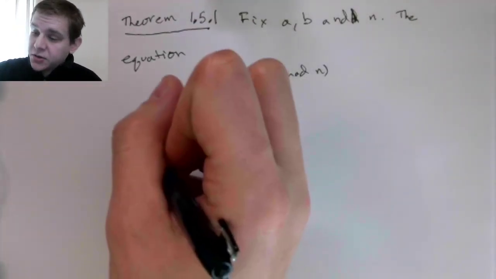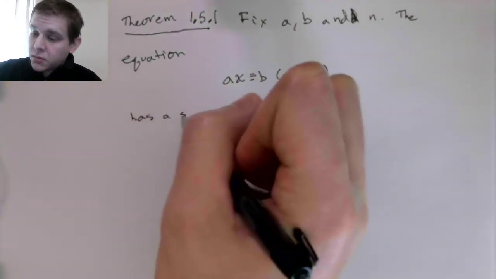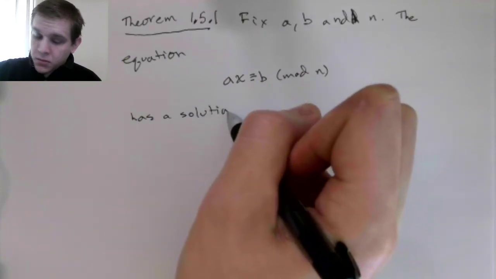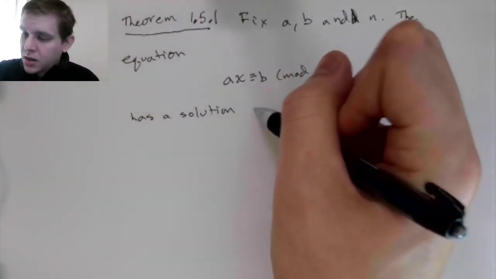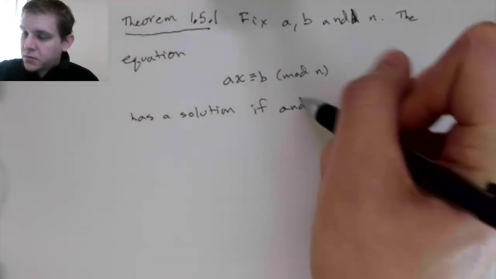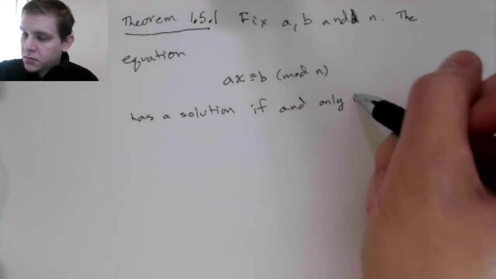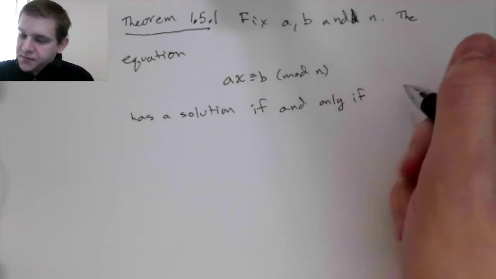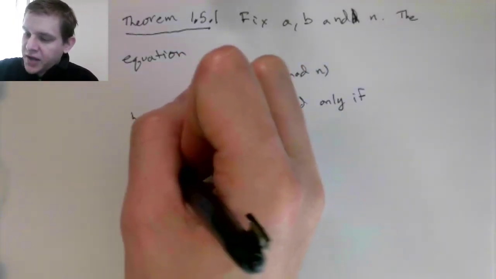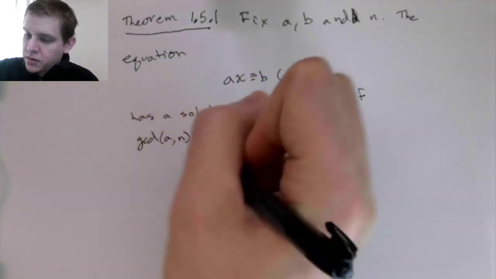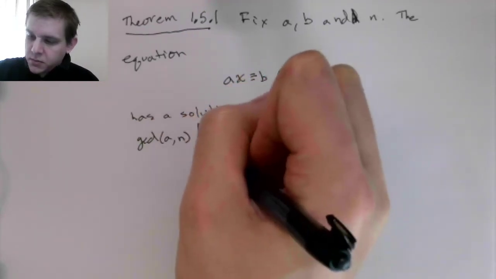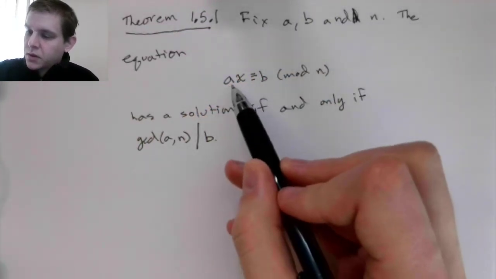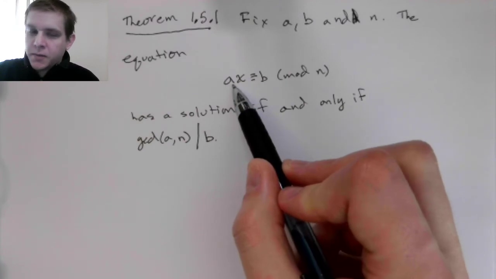This thing has a solution if and only if the GCD of A and n divides B. Right, so A here is the thing I'm multiplying x by.